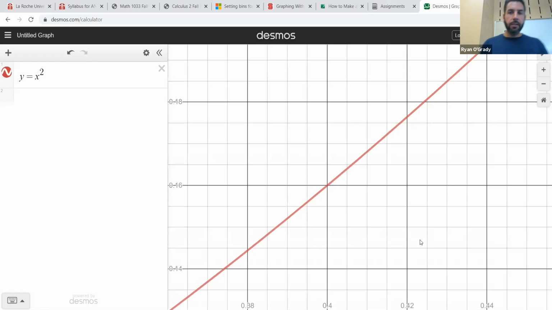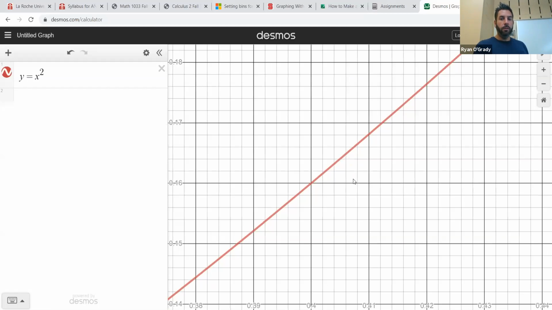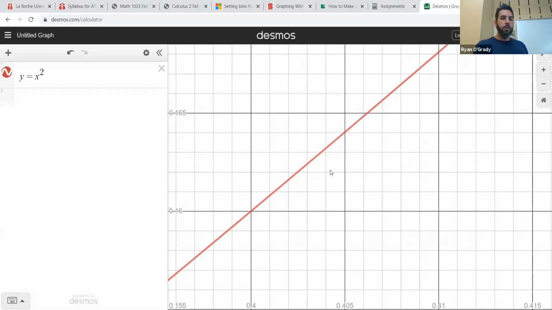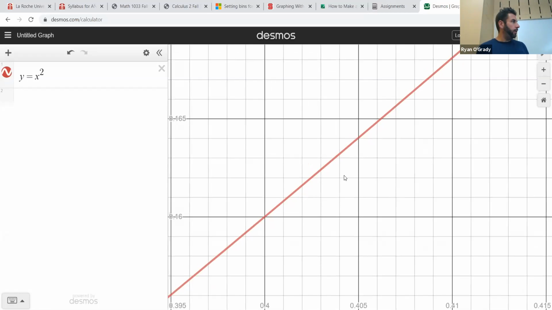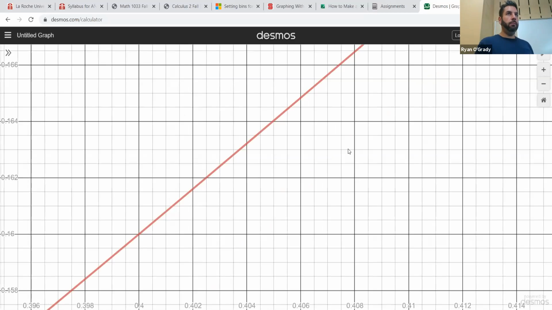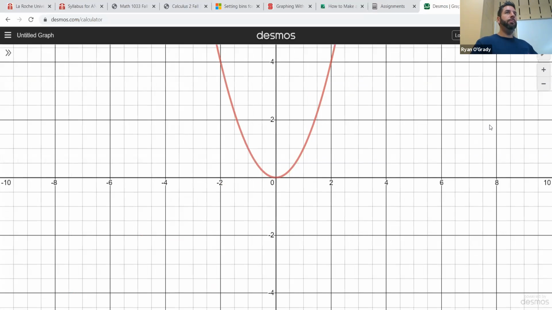For example, we know that's a curve, but if someone walked in this room right now and they said, no, that's a line, it'd be hard to argue with them unless you showed them the formula, right? Zoom in more. Zoom in more. I mean, no one's going to sit here and argue that that's not a straight line. It looks like a straight line to us. I mean, now here, I'll hide this. That's a straight line. So if I zoom in enough, it looks like a straight line. Now, of course, if I zoom back out, hey, we have a parabola.